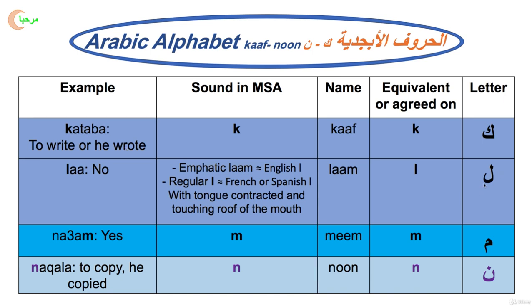The next letter here also has an equivalent, an L, and the name of it is laam. When it comes to the sound, it is a little bit tricky, because when you pronounce an emphatic laam in Arabic, as in Allah, it is similar to the English L. But we don't have too many words that have emphatic laam.